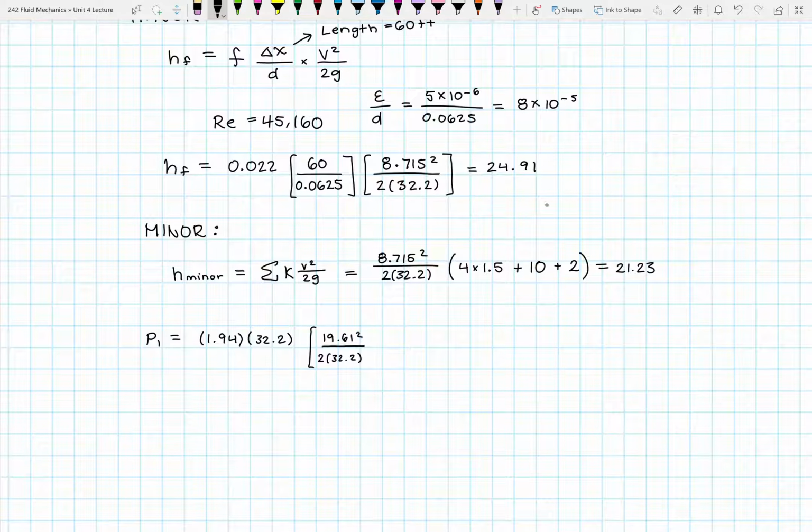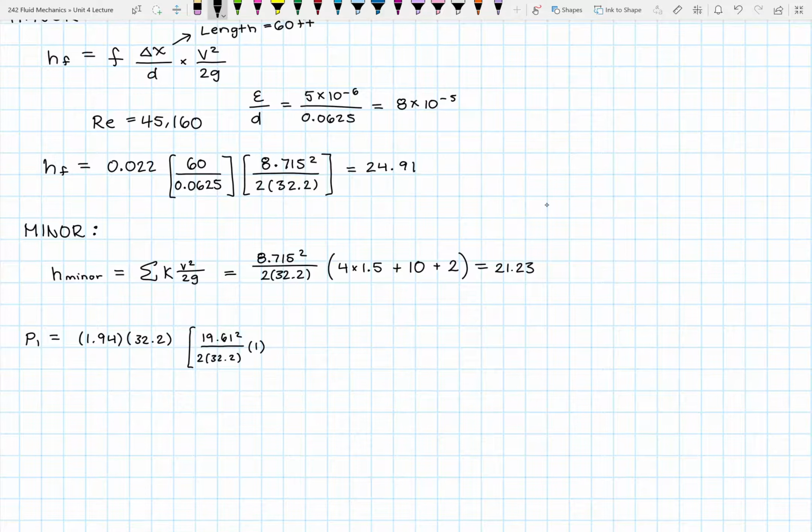Remember that alpha value went away. It is technically here, but just a coefficient of 1, minus our V2 squared over 2G and an alpha of 1, plus our delta Z, 20, plus our major head loss, 24.91, plus our minor head loss, 21.23.